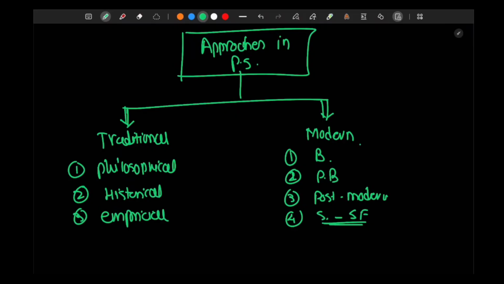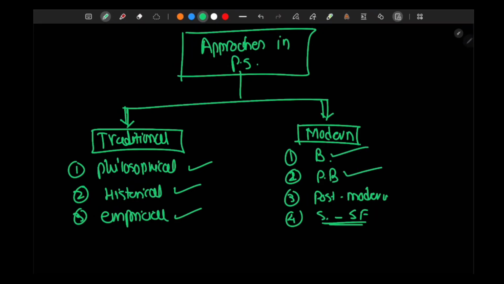We'll start with understanding traditional perspectives, starting with the traditional philosophical approach. There are two kinds of approaches in political science, traditional and modern. In traditional, there is philosophical, historical, empirical. In modern, there is behavioral, postmodern, systems, and structural functional approach.